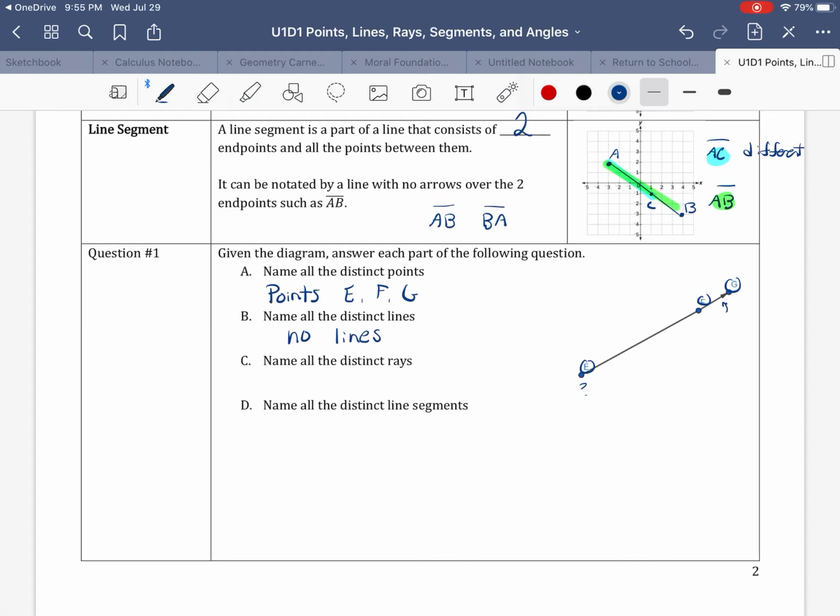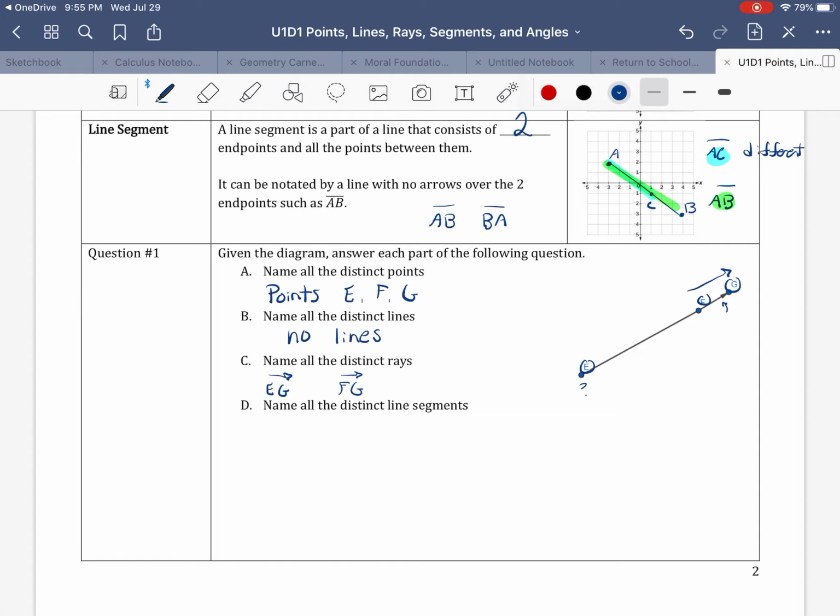Now it asks us to name all distinct rays. So we can have a ray that starts at E, and then it goes through G, right? So it's kind of what we see as the entire ray here. And then we also have this little ray right here going from F to G. And those are our two distinct rays. But some of you guys might be asking, well, what about EF?